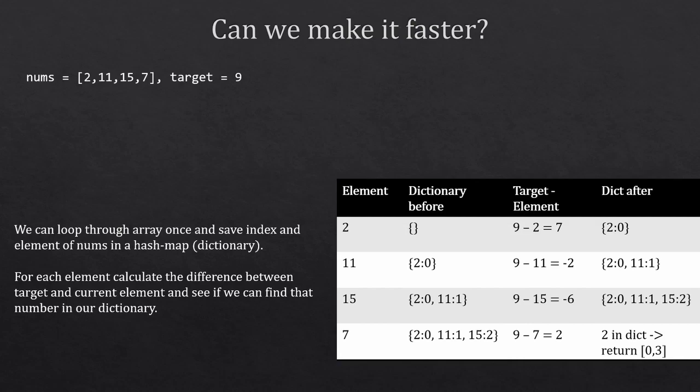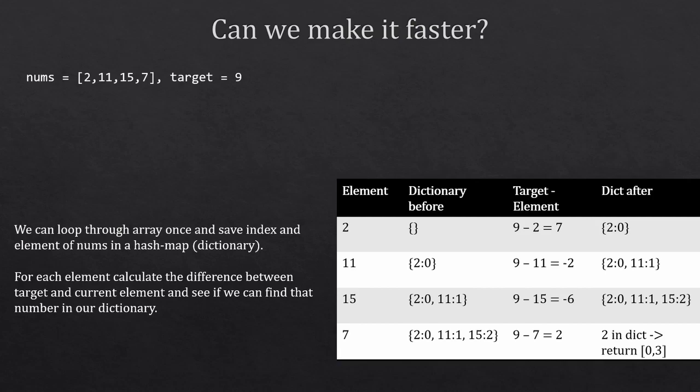We check the difference between 9 and 11, which equals -2. We check if -2 exists in our dictionary and it doesn't. So we save the num 11 and its index 1 to our dictionary and move on to the next item. We calculate the difference between 9 and 15, which is -6.